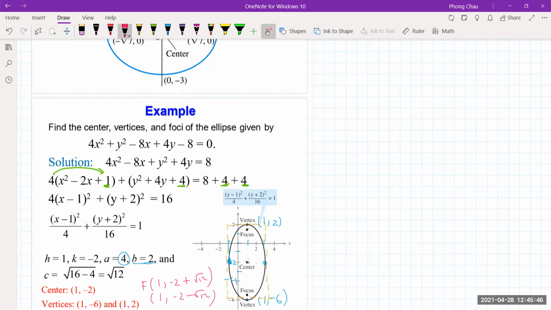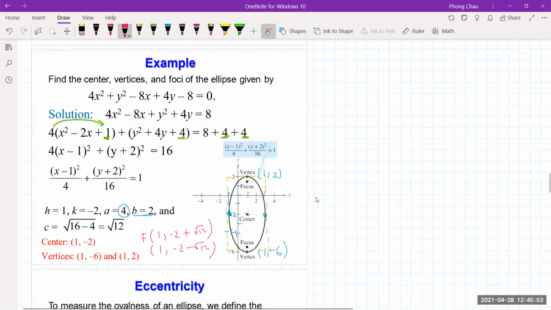All right, this is the foci, another foci, center, vertex. Actually we are done, and it's just a rough sketch of the graph.